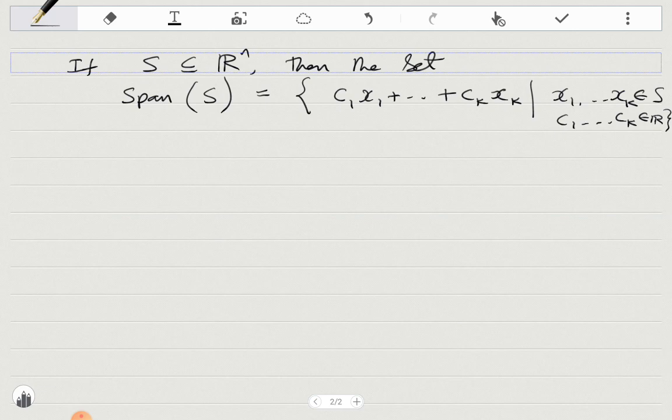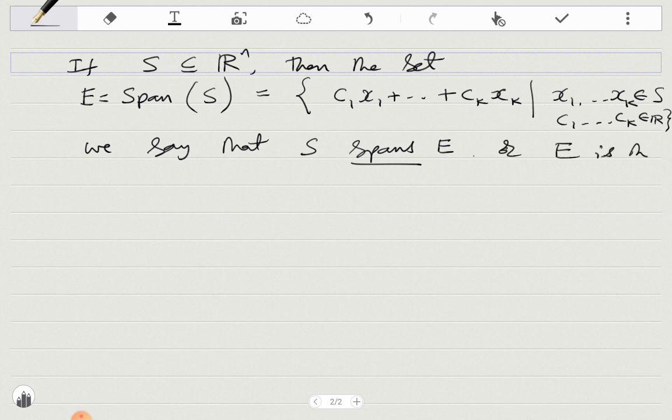That's called the span of S. If we denote this set by E, as Rudin does, then we also say that S spans E, or E is the span of S.